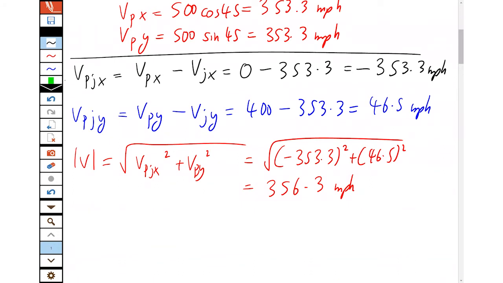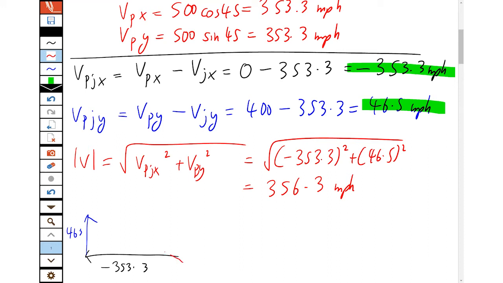Well, if we look at it, the x component is minus 353.3. So that's in the minus direction. And the vertical component is 46.5.